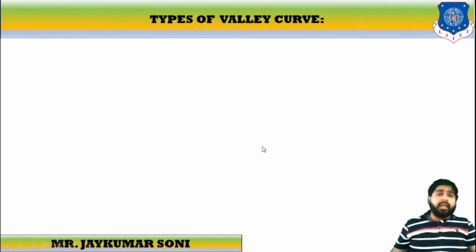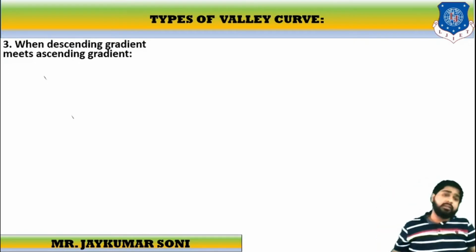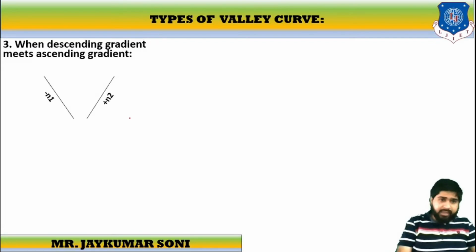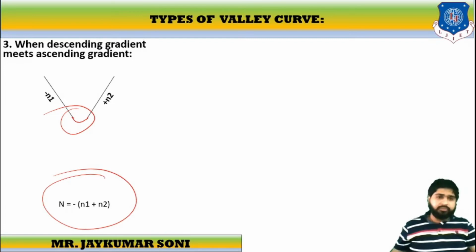Now the third type is when a descending gradient meets an ascending gradient. If this is the descending gradient and this is the ascending gradient, and the curve is like this, then this is also called a valley curve. The equation for this is minus of n1 plus n2.